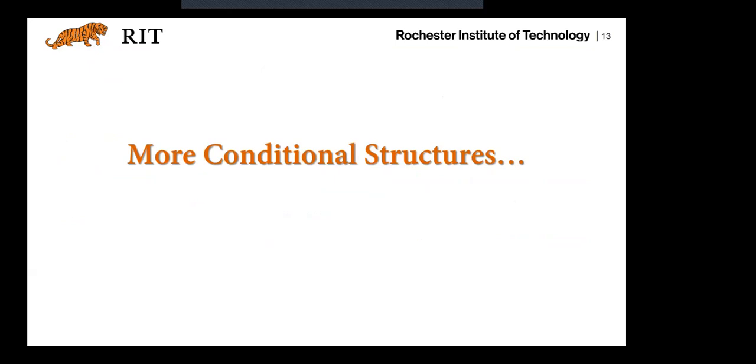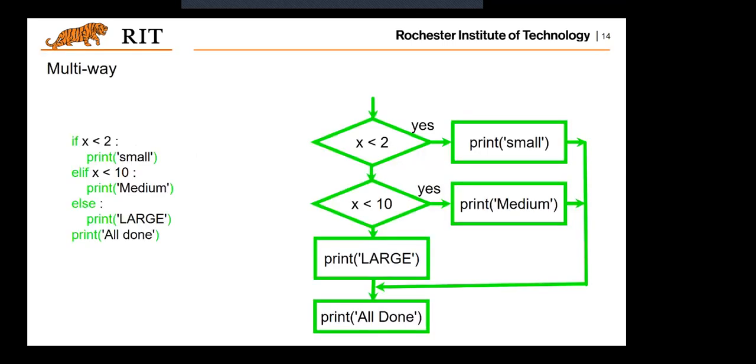As I mentioned, there are more conditional structures which are necessary to check, for example, multiple ways. A new keyword, elif, is introduced. It's called elif, not else if.